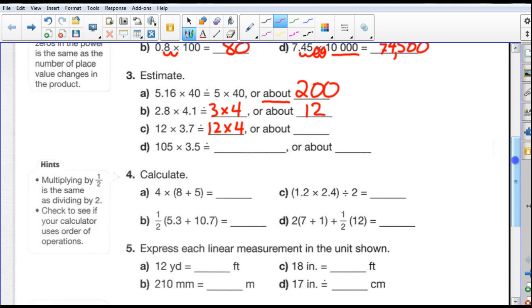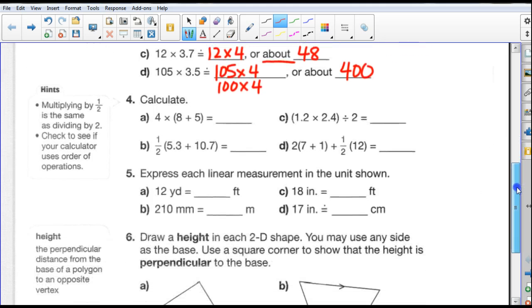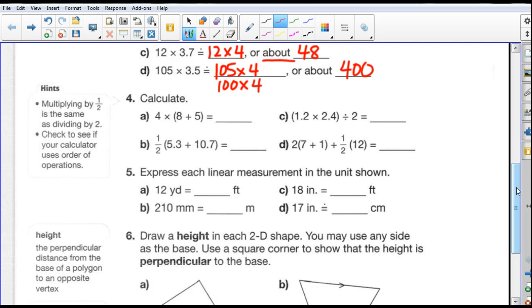It'll be a little bit less than 12 times 4, but 12 times 4 is 48, so it's actually about 48, a little bit less. 105 times 3.5, well, we can say that's the same as 105 times 4, or we could even say 100 times 4, round the 105 down to 100, and we could say it's close to 400. Okay, that's kind of how you estimate, if you're in a hurry and you don't have time to get an exact answer, or you don't have a calculator available. Okay, let's look at the hints over here.